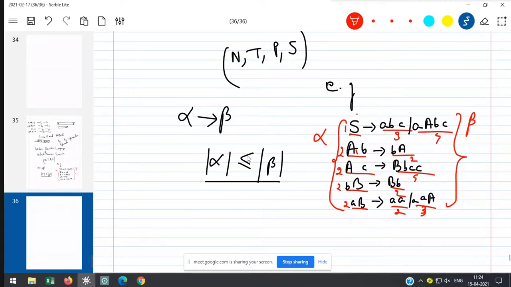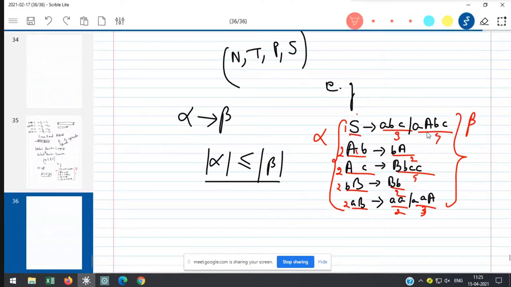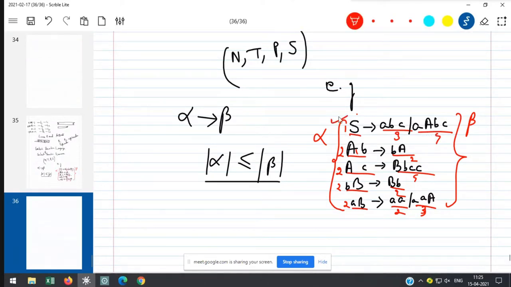Now, alpha should have a length which is less than or equal to beta. This alpha length 1 is less than both the betas. So this satisfies the condition. Again, this one, 2, is equal to this 2. Again, this also satisfies the condition. As per this definition, the length of alpha should be less than or equal to the length of beta. This is 2 less than 4. 2 equal to 2. 2 equal to 2, then less than 3.